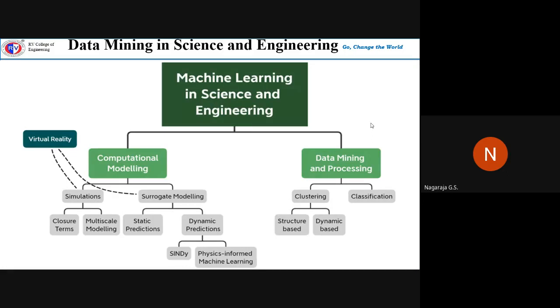Apart from that, you can also mention machine learning in science and engineering, which is categorized into two divisions: computational modeling, and data mining and processing. Computational modeling could be implemented using simulation and surrogate modeling, where there will be some experimental or simulation tools in the case of surrogate modeling for some kind of predictions.